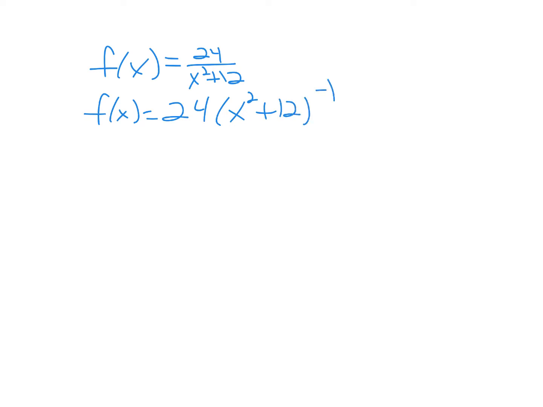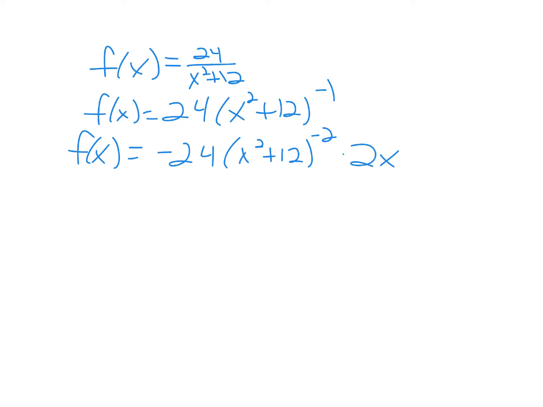And make this a negative first, that way we can just use our chain rule. Fun. Negative 24 times the quantity x squared plus 12 to the power of negative 2, times the derivative of the inside, which is 2x. That was much easier than the quotient rule, huh?